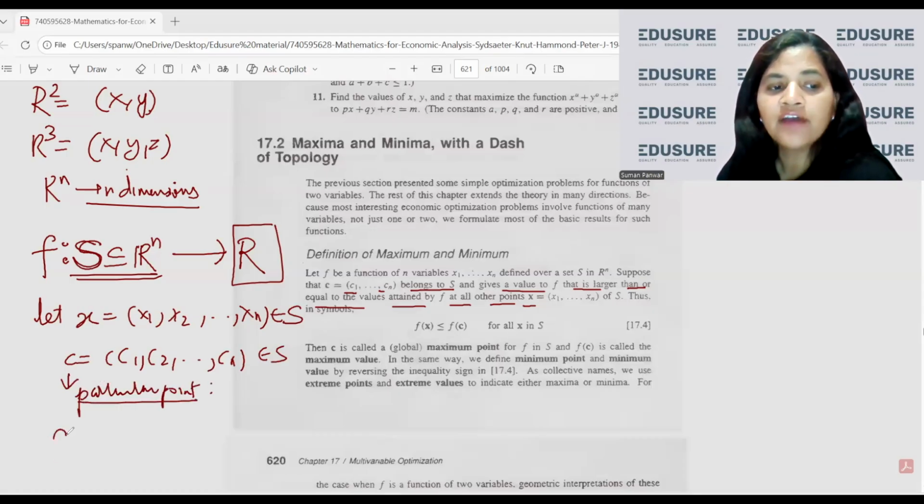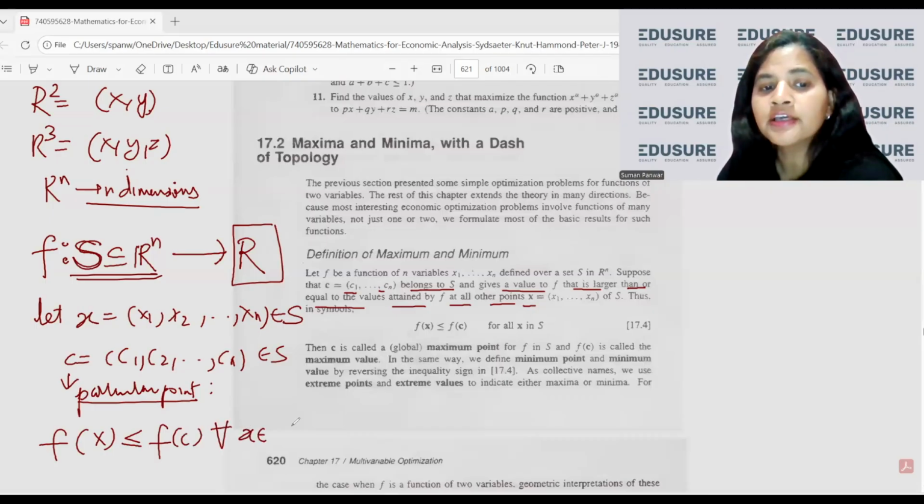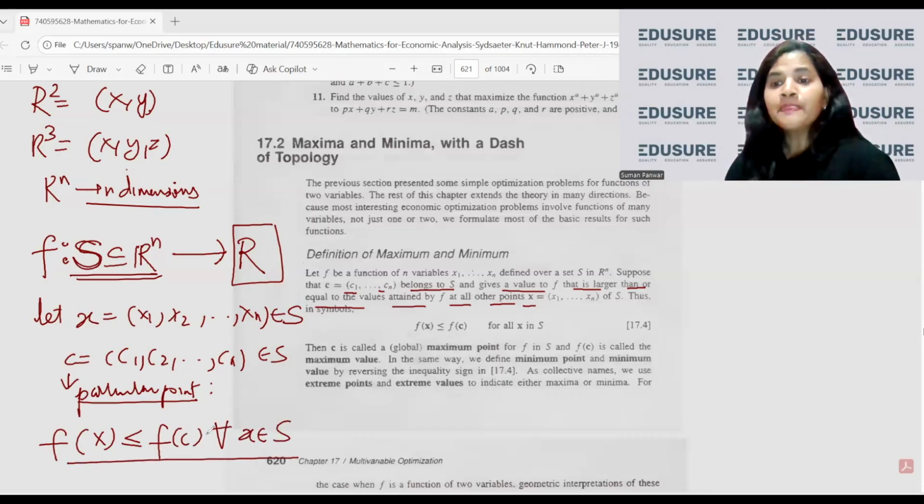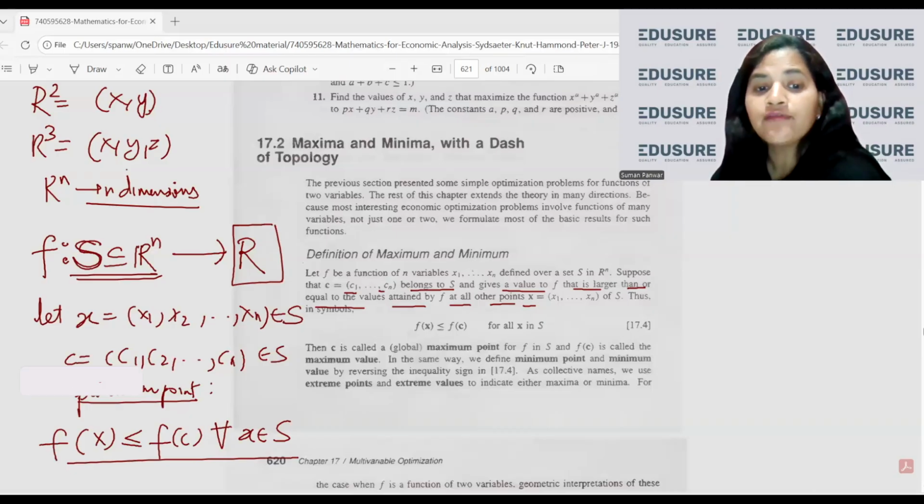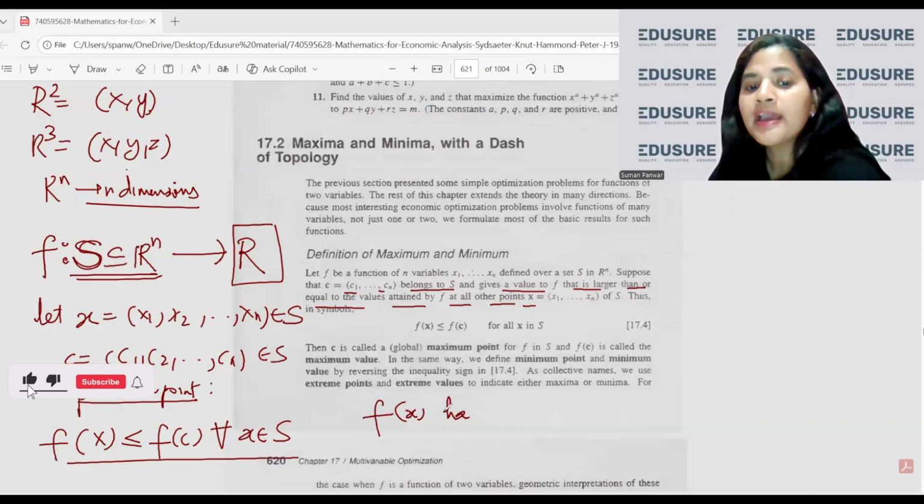We have the condition that f(x) is less than or equal to f(c) for all x in S. What does it mean? It means the value taken by the function at c is greater than or equal to the values taken by the function over all the points in the domain S, which is a subset of Rn. It means that f has a maximum value at x equals c, which is in the domain.